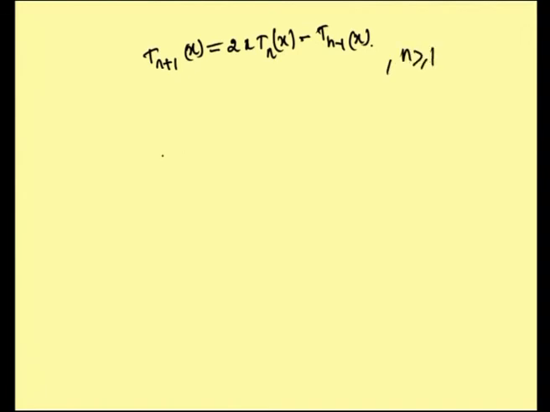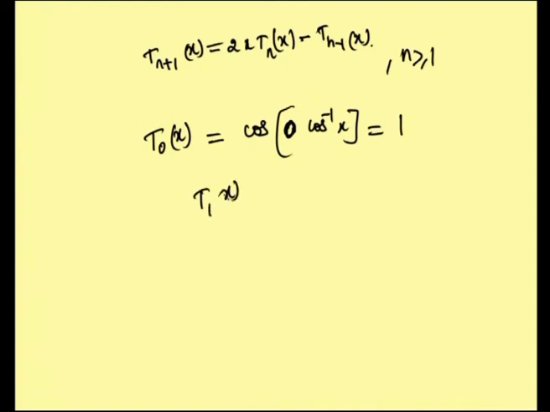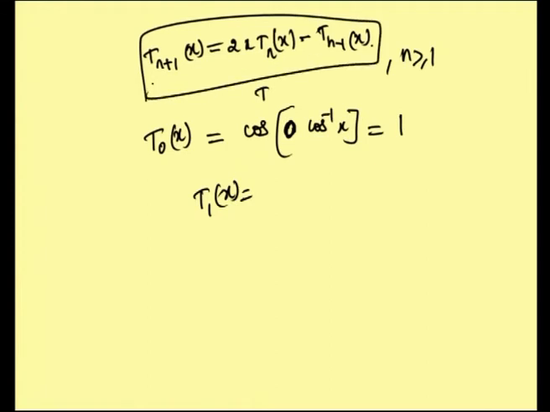And by direct application, first we will find T naught of x. T naught of x is cos of n cos inverse of x with n equal to 0, which is equal to 1. And T1 of x, from Tn of x equal to cos of n cos inverse of x, is cos of cos inverse of x, which is just equal to x.